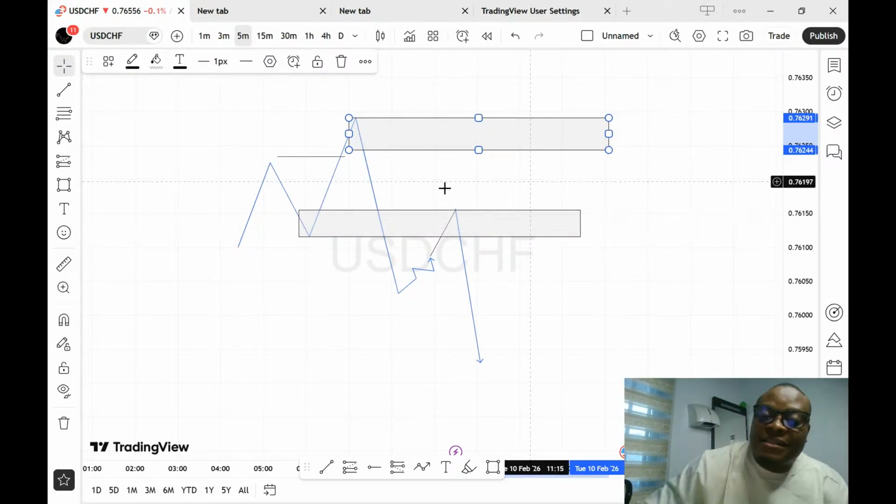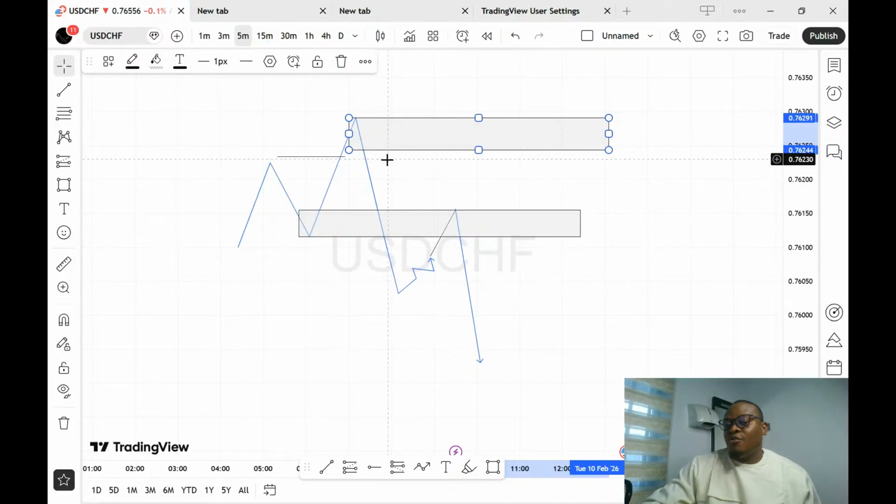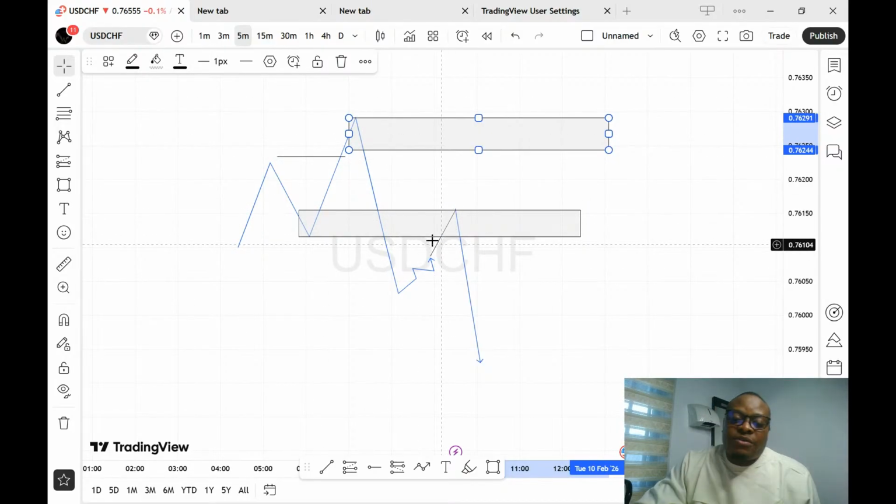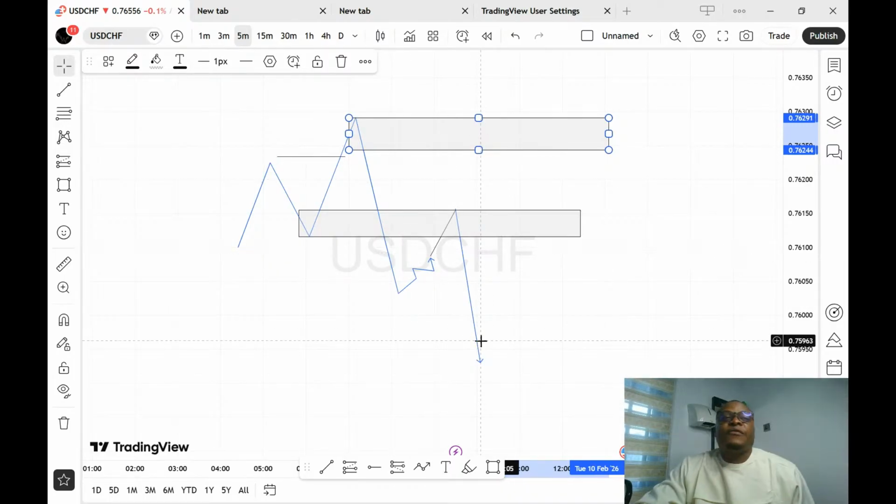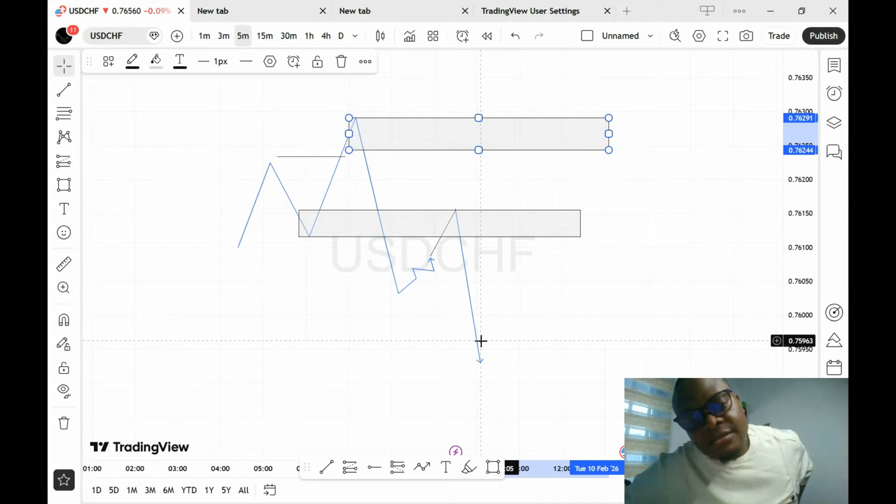So after taking you out on this long originally, price now takes you in for a sell. If you understand very well, it's just there for you to jump into the market. But if you don't understand it, then leave the market. It's as simple as that.